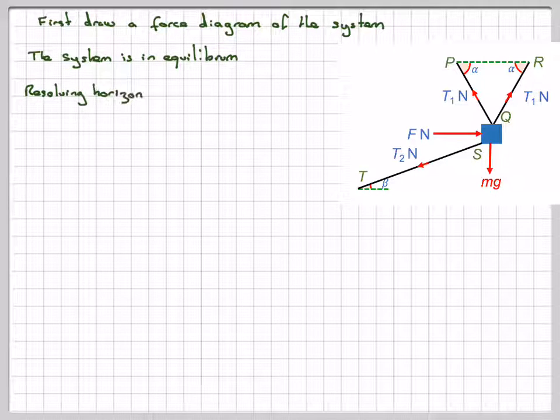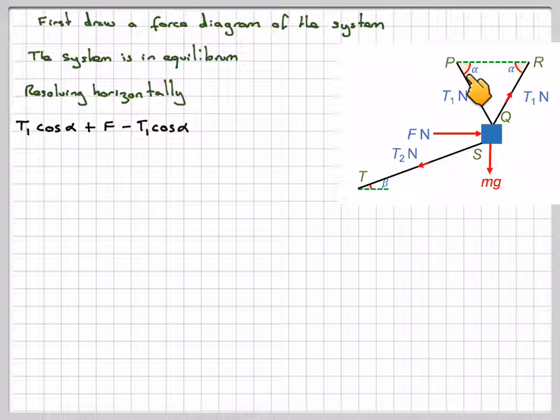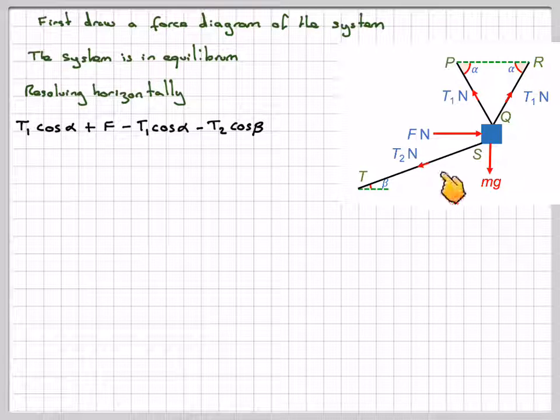So resolving horizontally, so we're resolving this way. We're going to have T1 cos alpha, which is this one here, plus F, because F is acting in the positive direction, minus T1 cos alpha, because this one here is acting in the opposite direction, minus T2 cos beta, this component here.